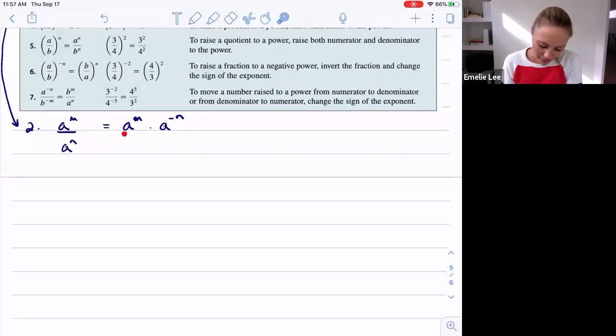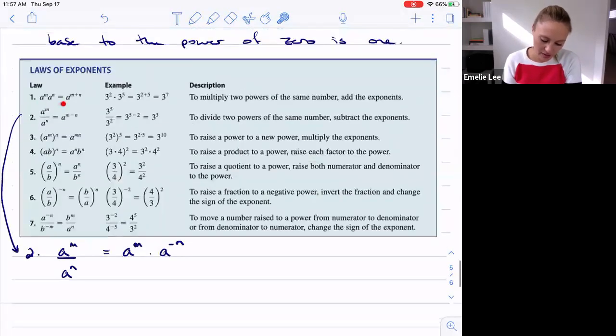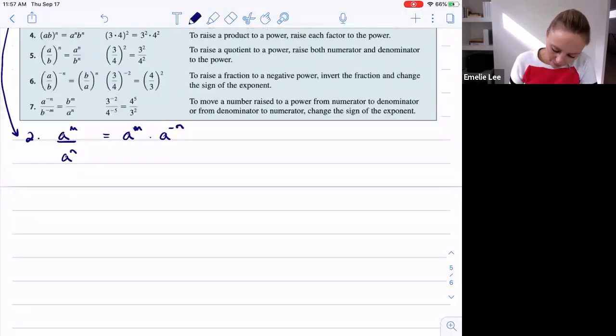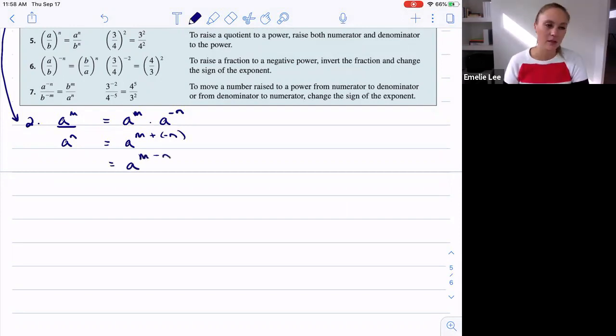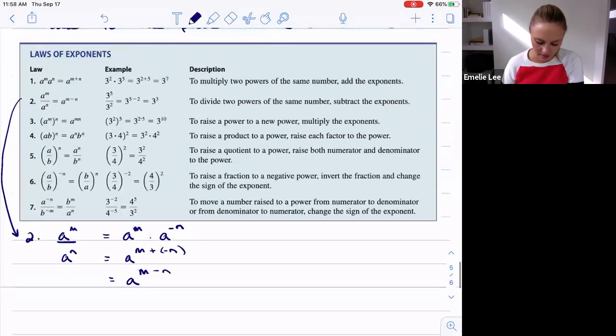Now I'm multiplying two values with the same base, so from that first law I just add the exponents. This is going to be a to the power of m plus negative n, which of course is just a to the m minus n, which is exactly what it says here.